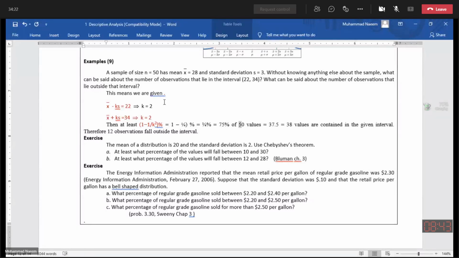The data values are 50, so we calculate 75% of 50, that is 37.5. As we are counting the number of values, 37.5 means 38 values will be contained in the given interval. And this one is an at least percentage.